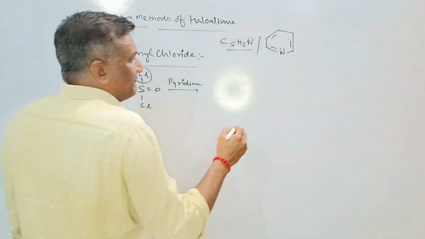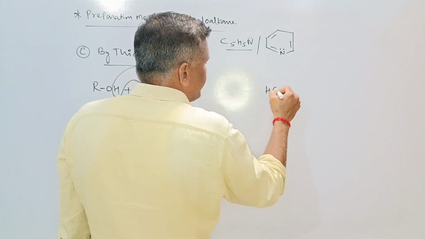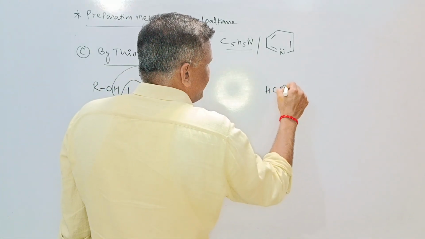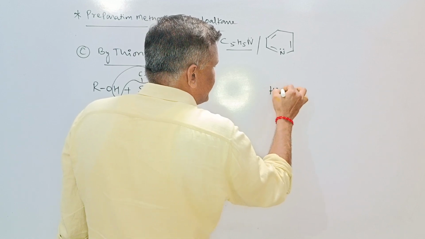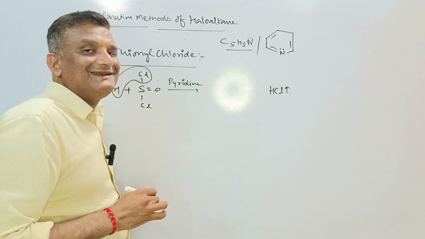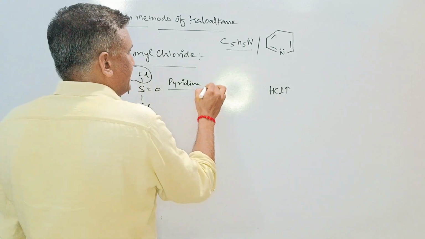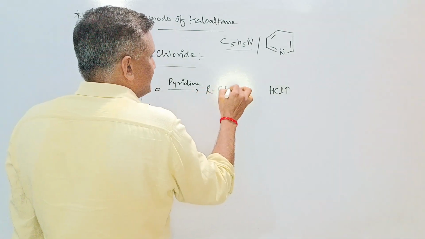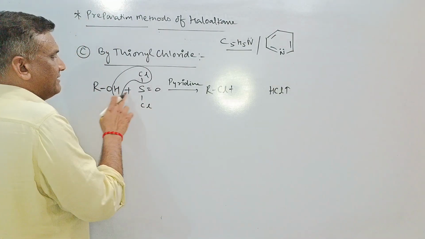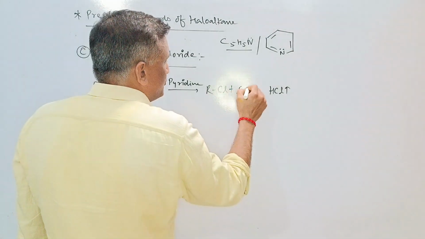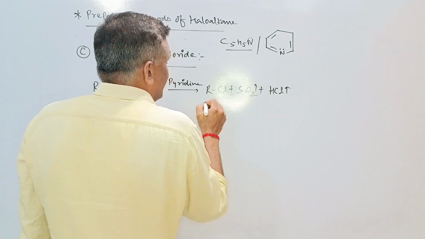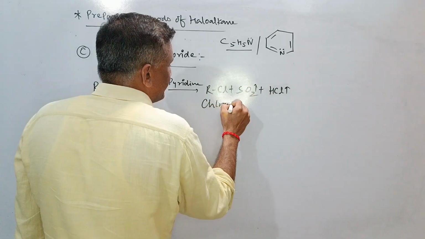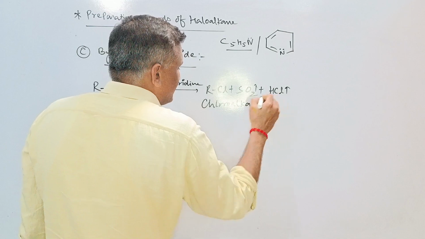First of all, HCl will form in gaseous state, so we can remove it easily. And here RCl forms. Rest, SO2, sulfur dioxide gas, also forms, and this is the chloroalkane.